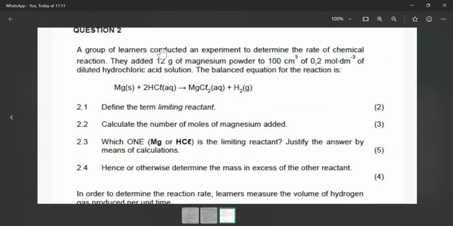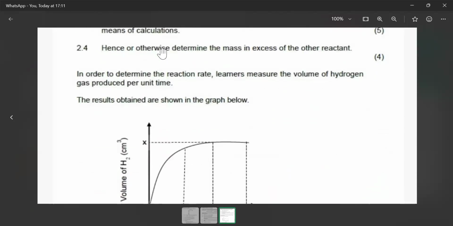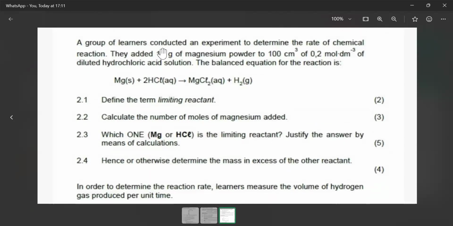We know that it's still the same reaction, so we just need to calculate the number of moles of hydrogen gas. It's very easy to do that.